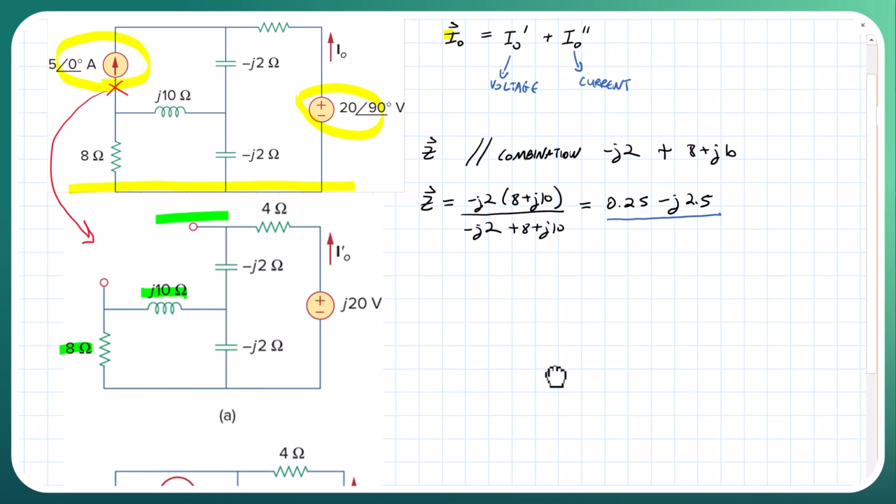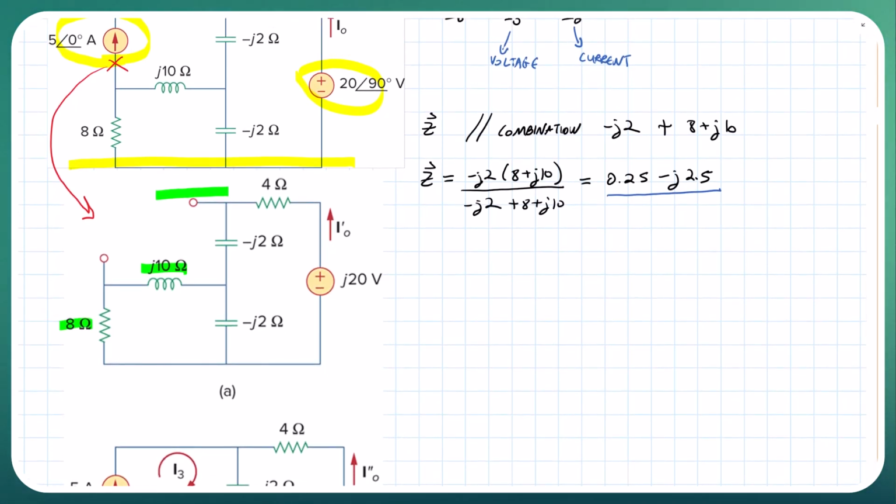And we know from here our I naught prime is going to equal j20 over our 4 ohms minus j2 plus this Z that we just solved for. So we plug those in here and get j20 over 4.25 minus j4.25.